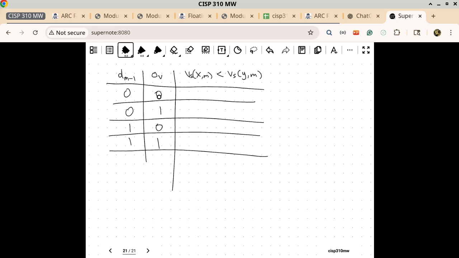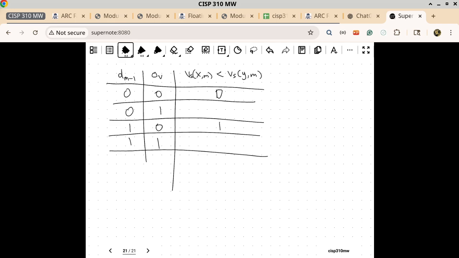So that takes care of this row and also this row, because if there's no overflow, we can trust D subscript m minus 1. So those two are done. Nope, take it back. Because we can trust D subscript m minus 1, the third row has to be a 1. Is that okay?